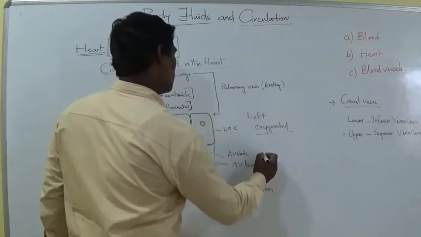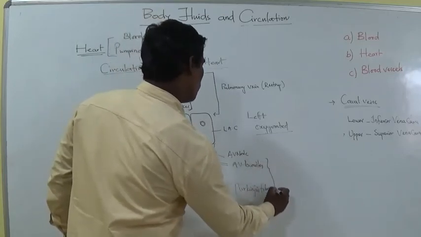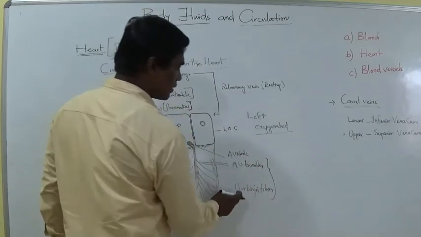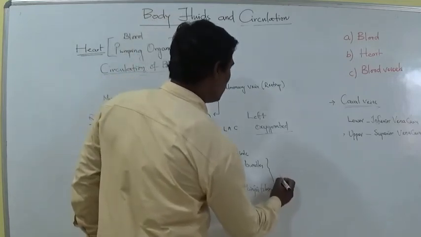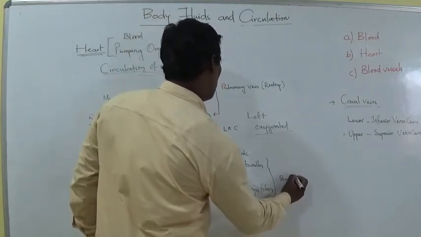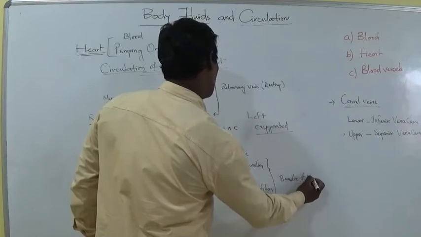The AV bundles as well as Purkinje fibers are collectively called the bundle of His.